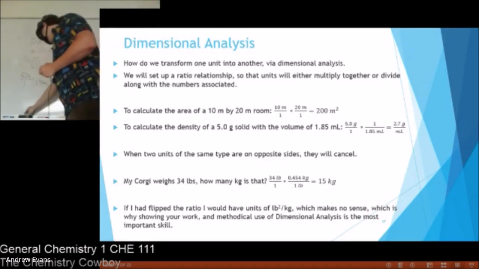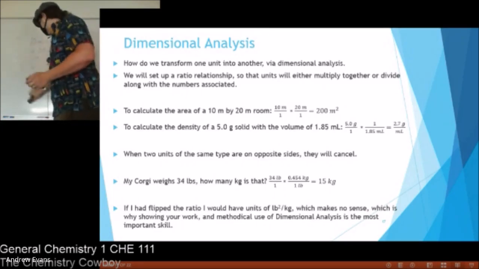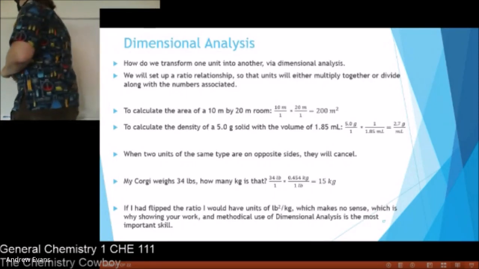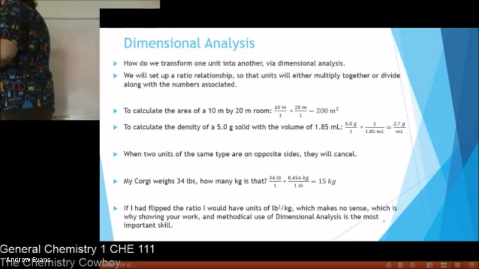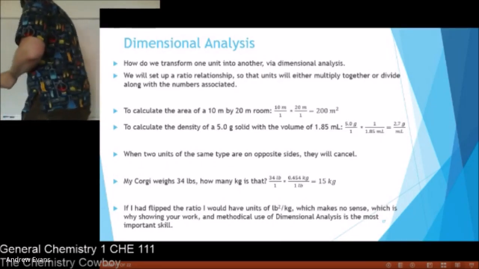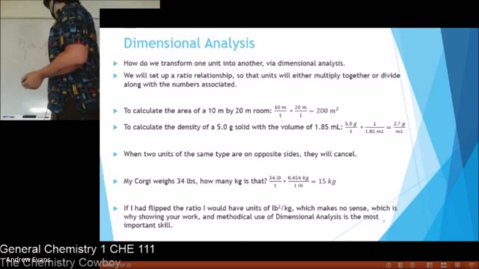Now, where we're going to use this more often than not is in conversions. And this will help you by setting these up. My Corgi, who's a chunker, weighs 34 pounds. If I wanted to know how many kilograms that is, I can set this up as 34 pounds over 1. And in every 1 pound, we have 0.454 kilograms.